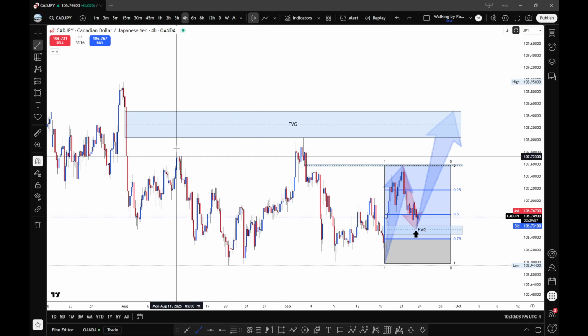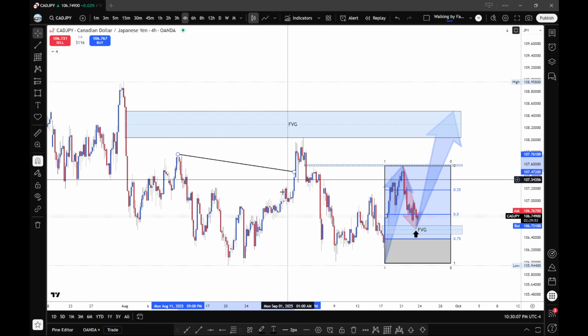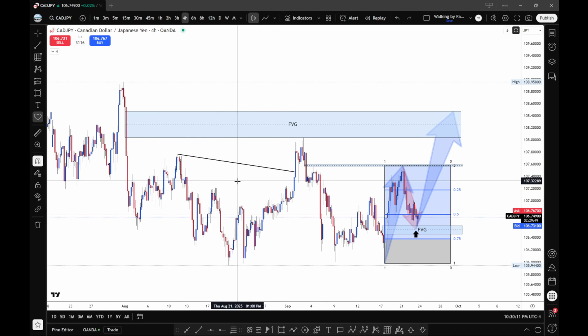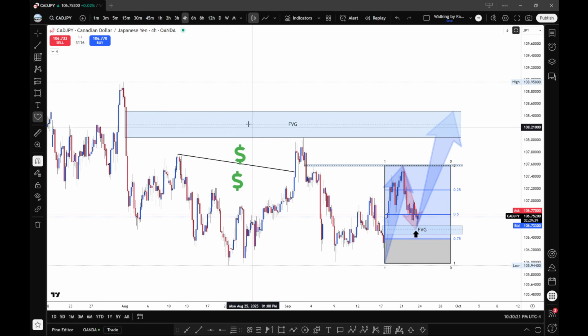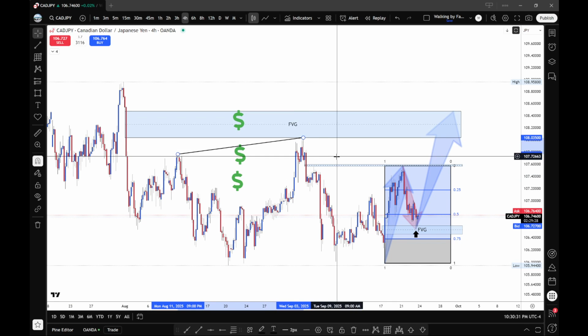And then you can see that all this was taken out. There was money there, right? And then there was also money here. And guess what? There's money up here. So we can see from all this move right here, all this was taken out by that high.